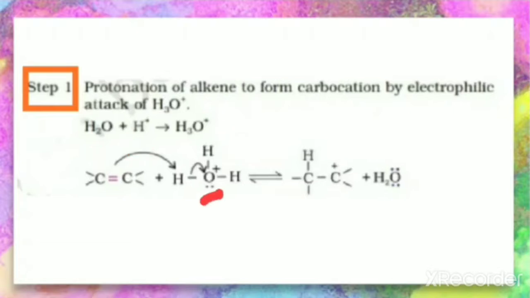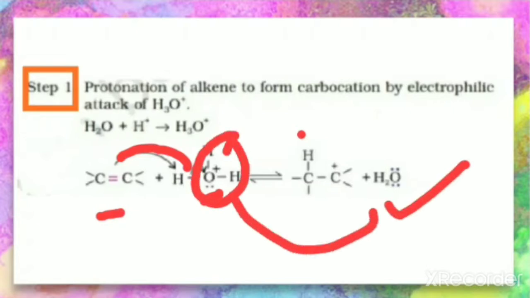So what happens when this H3O+ combines with the alkene? You can see that the double bonded electrons are used by this H, and the H positive gets attached on this carbon. Here H2O, that is water, gets removed, and this H positive gets attached on this carbon atom.